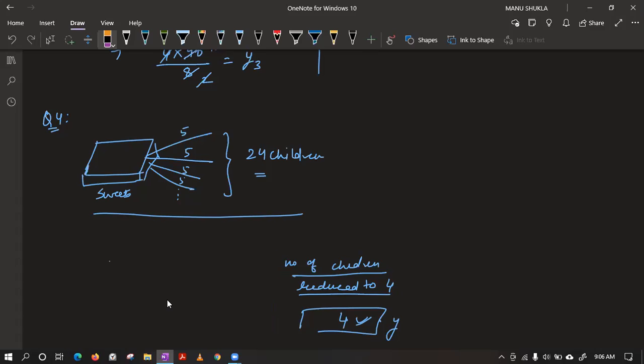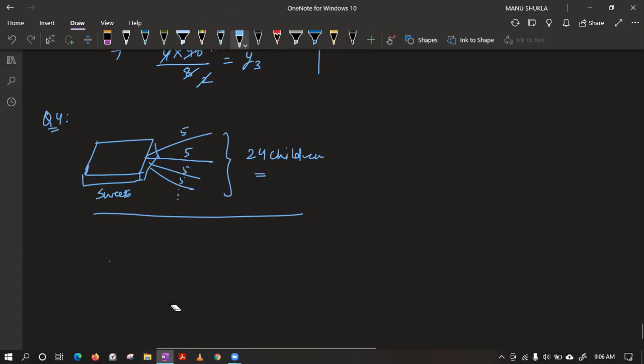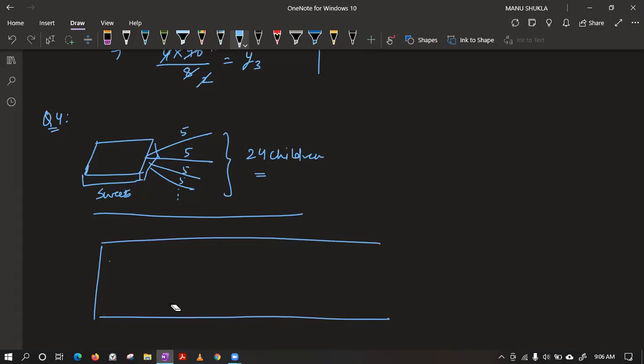Now let's make the table. Again we have two quantities: number of children, and the second quantity is sweets per child.